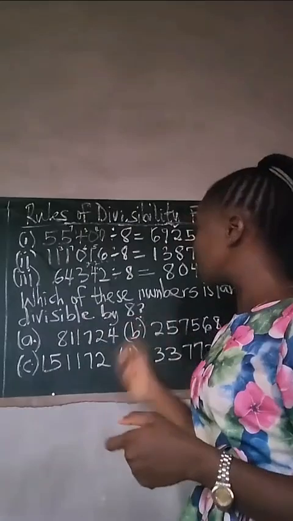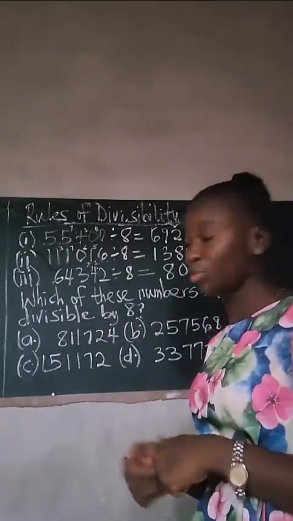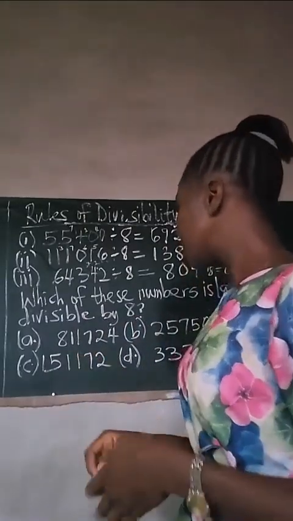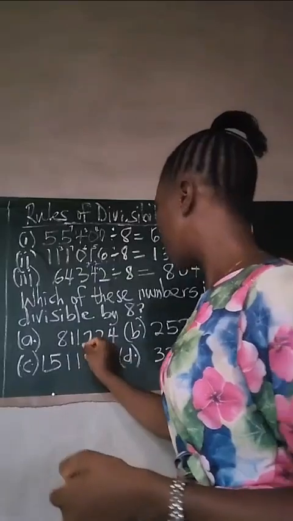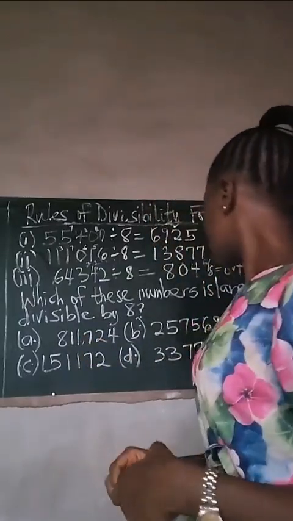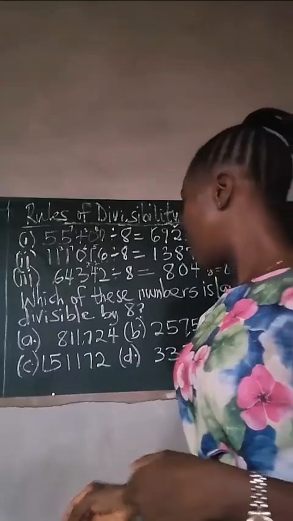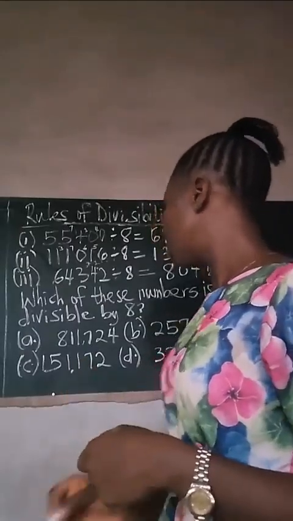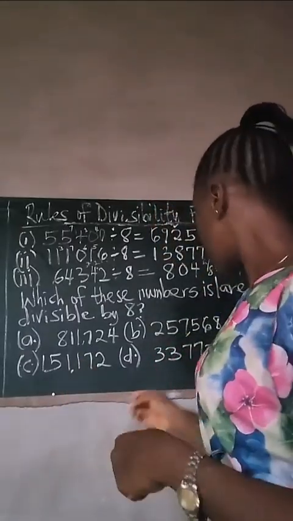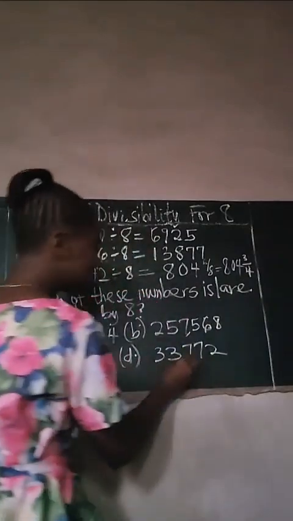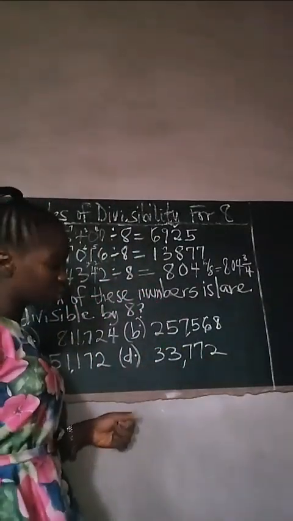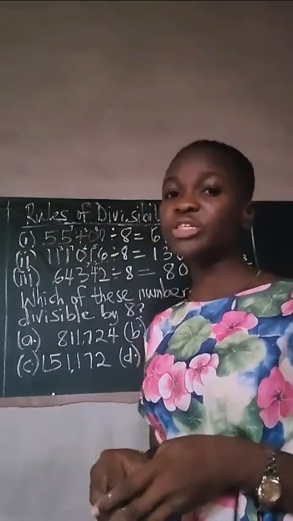Which of these numbers is or are divisible by 8? 811,724, 257,556, 151,172. Then we also have 33,772. So which of these numbers is divisible by 8?